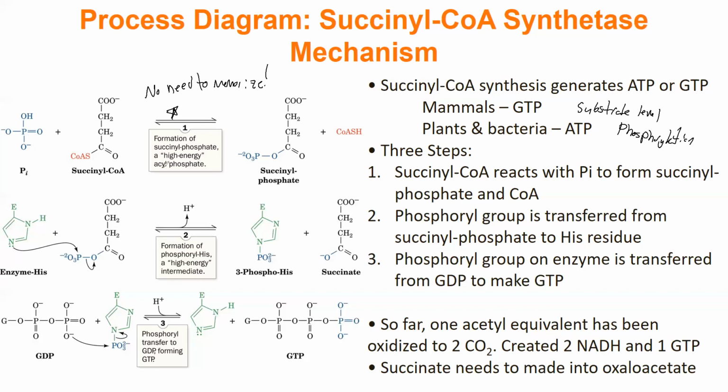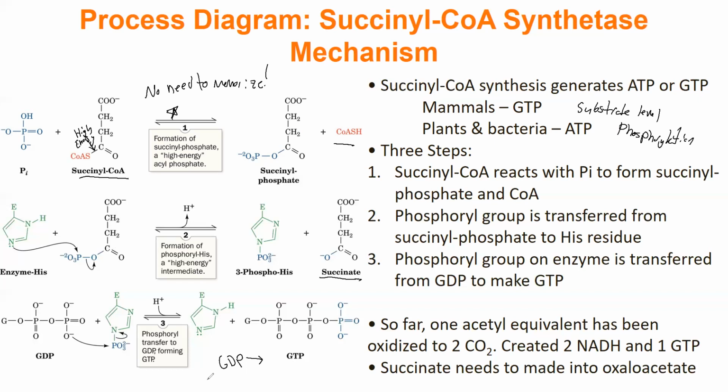But what's important to know is that we're taking succinyl-CoA, losing the CoA to make succinate, and we're using that energy, because this is a high energy bond, we're using the high energy coenzyme A bond to attach a phosphate. So GDP goes to GTP.